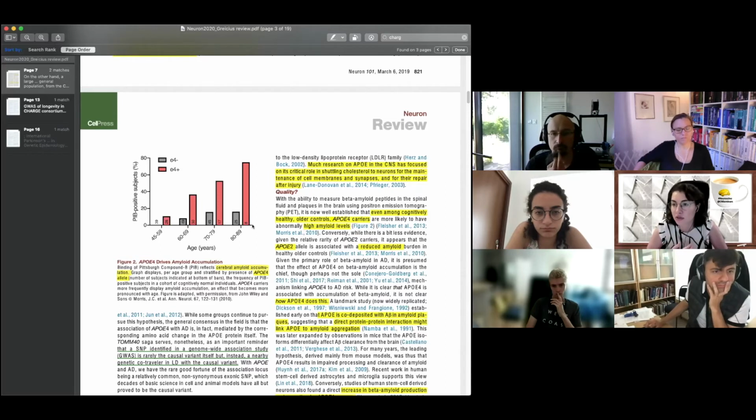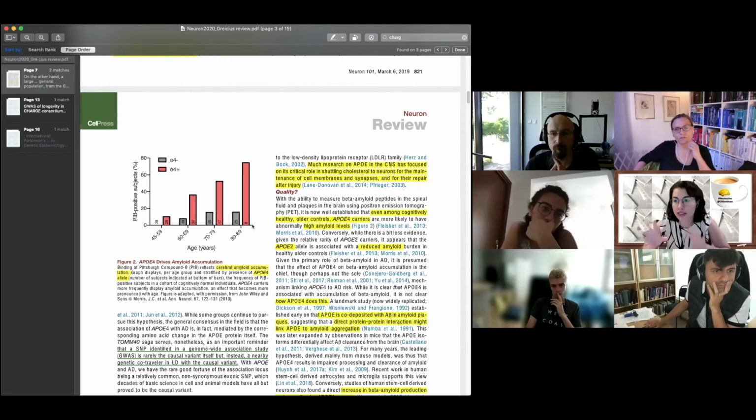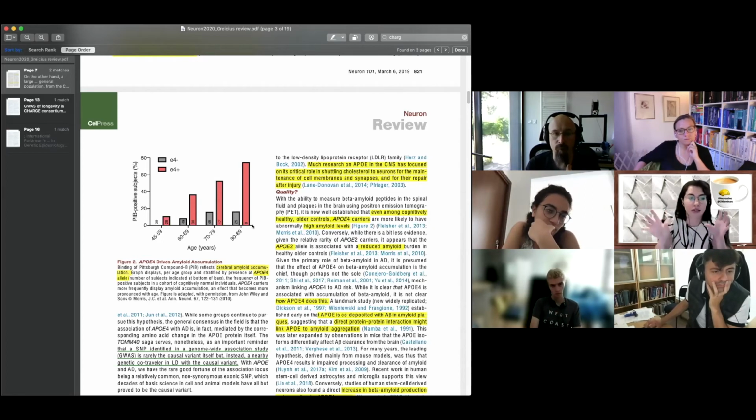I don't know if I answered. So there is this imbalance: it's more clear above 60, but it's less clear before how this correlation is present.